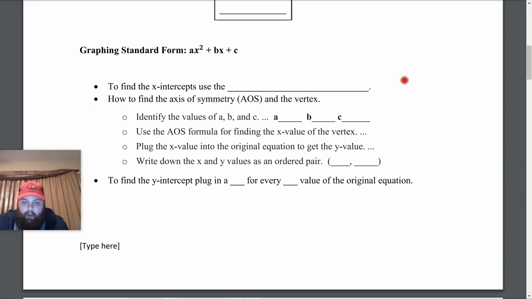So to find the y-intercept, plug in a 0 for every x value of the original equation. So if we had this one, this would be equals y up here. All we do is wherever there's an x, so this one right here and this one right here would just be replaced with zeros. So really, what you'd be looking at here is this plus or minus c right there.